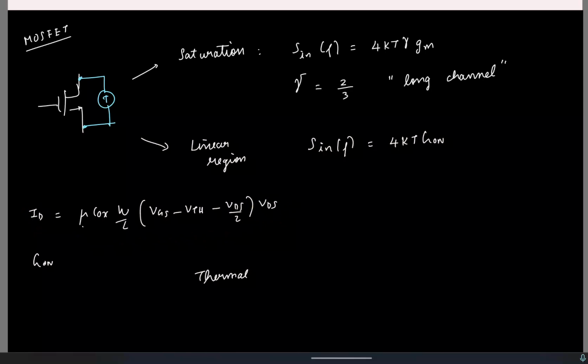This is thermal noise, but in a MOSFET we also have another source of noise, which is called flicker noise, or also called 1/f noise. I will not explain the mechanism in detail. It is essentially due to some impurities in the fabrication process. We can have some random traps trapping the charges and releasing.